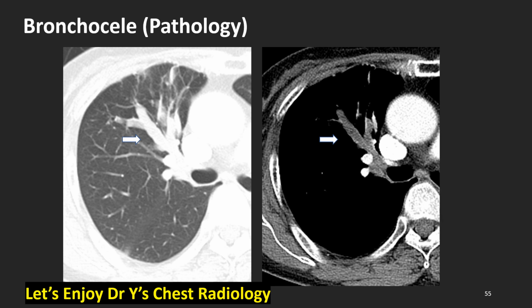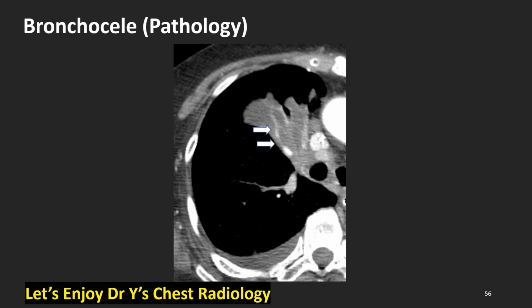Arrows indicate Y-shaped bronchocele with mucoid impaction in right lung. Arrows indicate V-shaped bronchocele with mucoid impaction in right upper lobe.